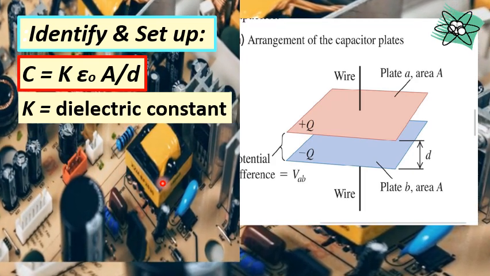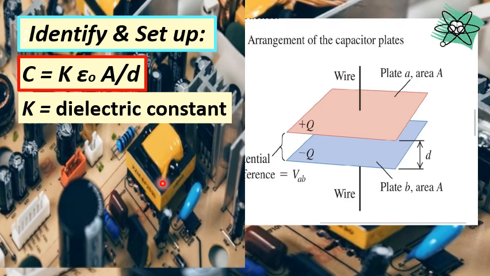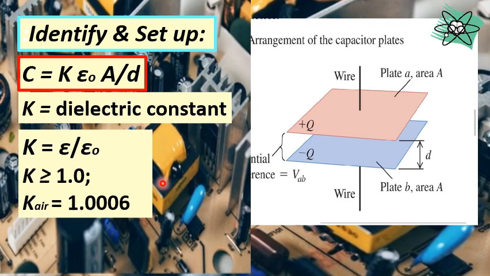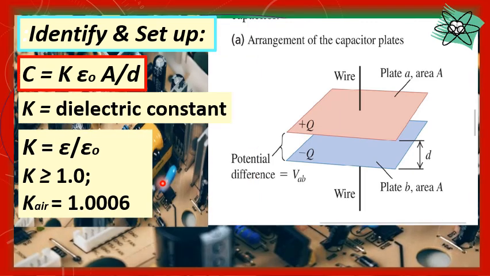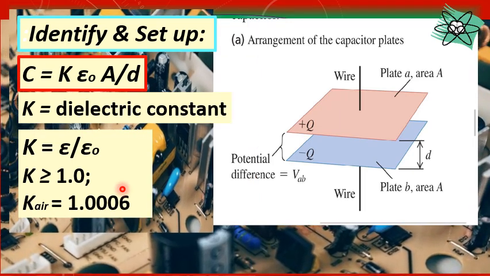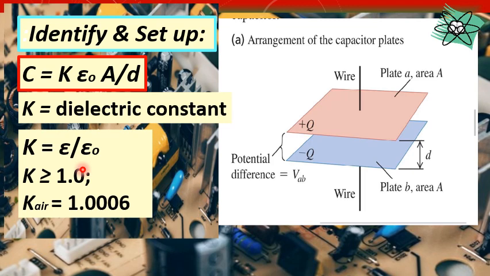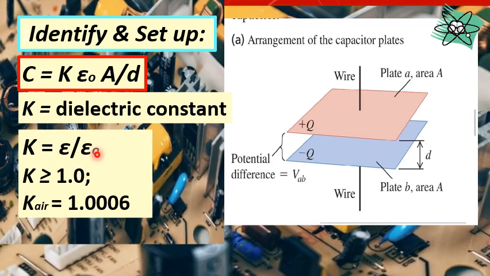And this dielectric constant kappa may be expressed as the ratio of epsilon over epsilon naught.